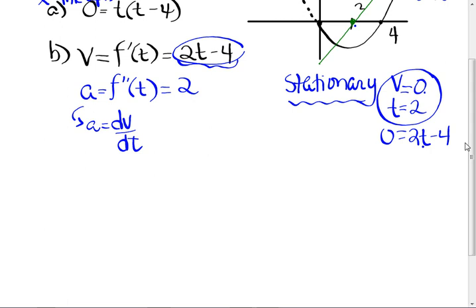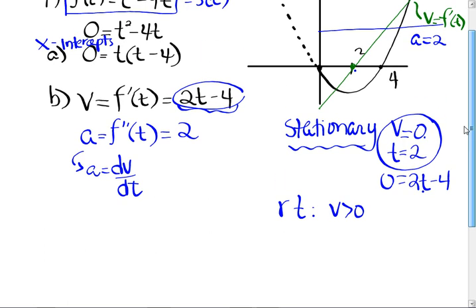Okay. It says, when is the object moving to the right? So when is it moving to the right? When, not t, but v is greater than 0. So when is that? Now you've got to be careful here. Okay, Riley? Brian? When is this positive? When the velocity is positive. Now, when is the velocity positive?